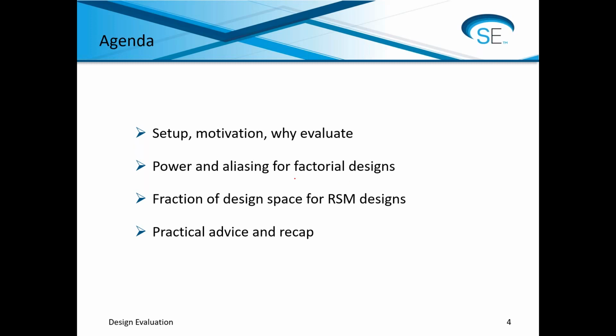We're going to split this up into 2 categories. We're going to look at factorial designs, and we're going to look at RSM designs separately because they're not evaluated in quite the same way. And the 3 things I'm really going to be focusing on is power, and give you a lot of practical suggestions and an example as well. Aliasing, we'll touch on that briefly.